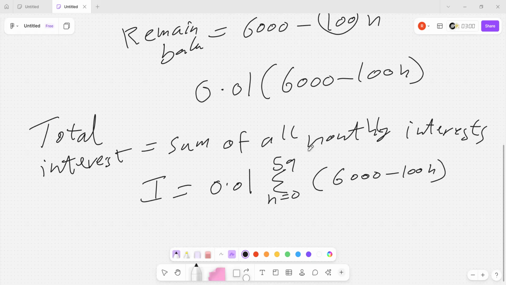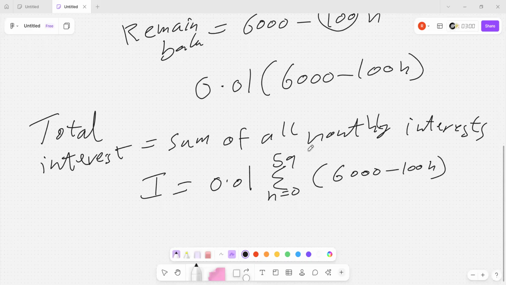Okay. Perfect. So from 0 to 59 will be 60 terms.